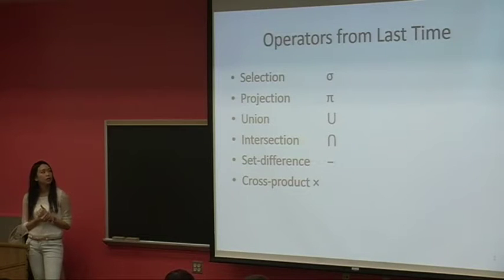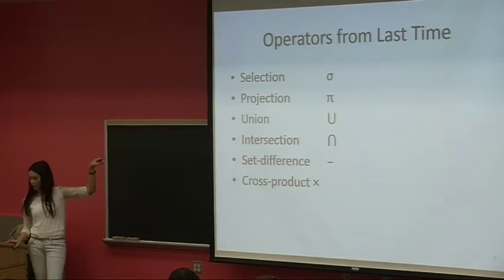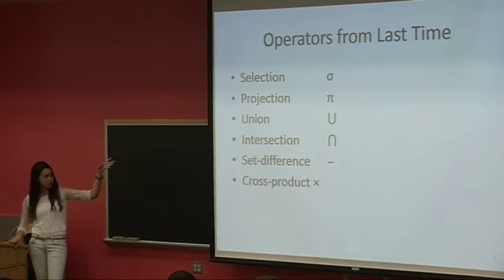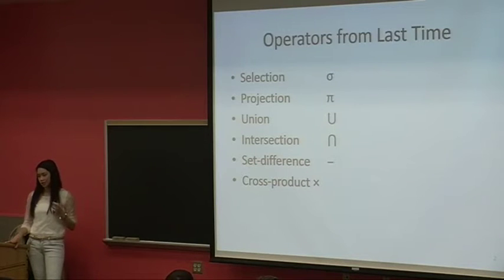Projection. Projection is the one selecting columns. So that might change the schema, right? So selection, you already know, it will keep it if you don't apply projection on it. How about the rest? Union, intersection, and set difference. They will all give you the same schema. Okay, last question.